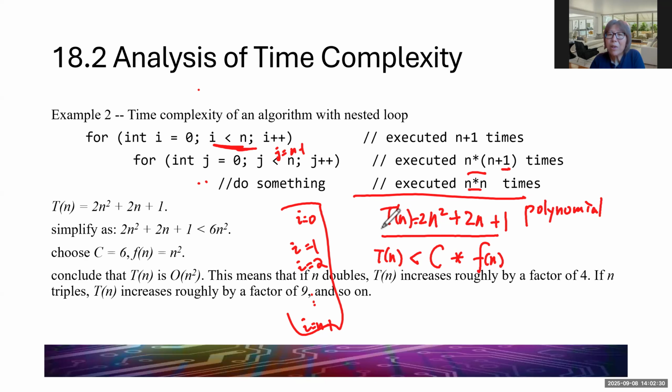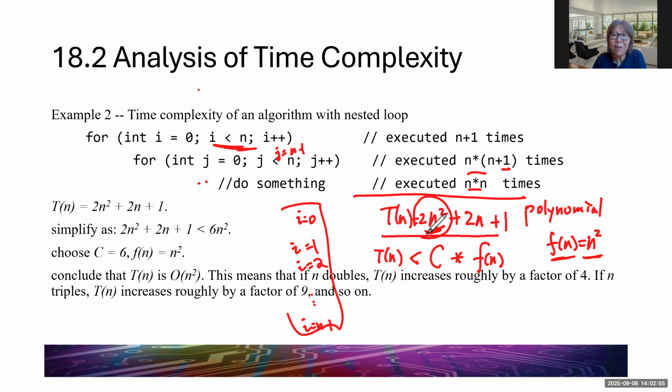Generally, if your T(n) is a polynomial, normally we pick the highest order term as the F(n). The highest order term is n squared, so we choose n squared as the term for F(n). So in the case of a polynomial, choose the highest order term.